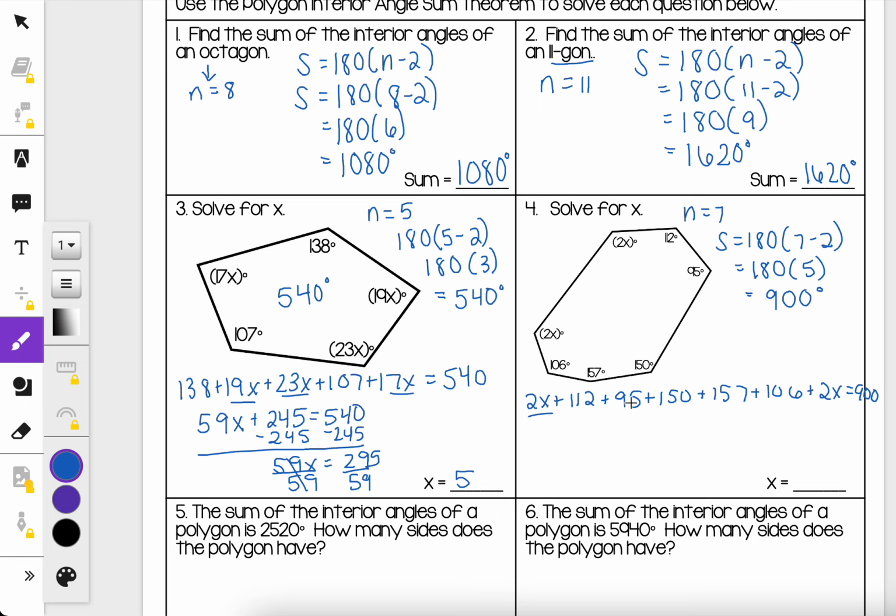Combine my like terms, so I'm going to have 4x plus all the other terms will add up to 620. All right, I'm going to subtract 620 from both sides. And 4x equals 280. So x equals 70.